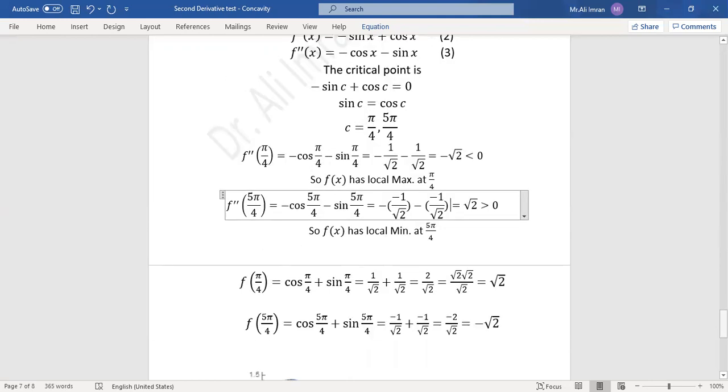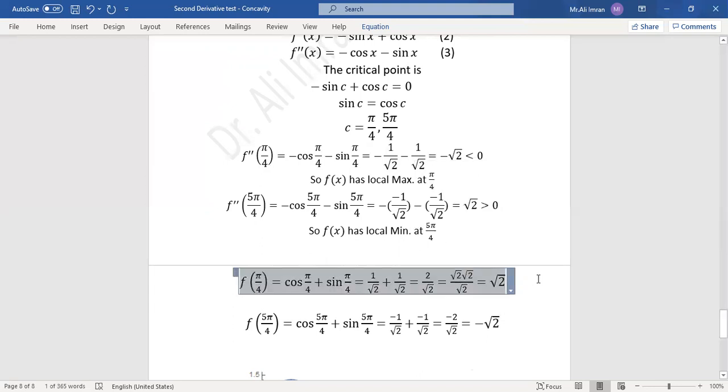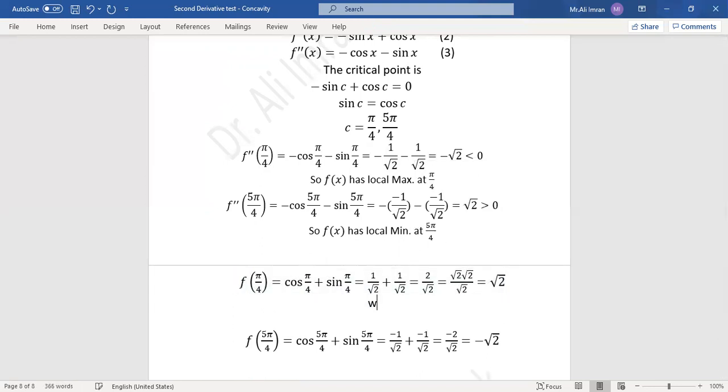Now we will determine the local max and local min values by putting c equal to pi by 4 and 5 pi by 4 in equation number 1, which is first f of pi by 4, after simplification square root of 2, which is the local max, by the second derivative test.